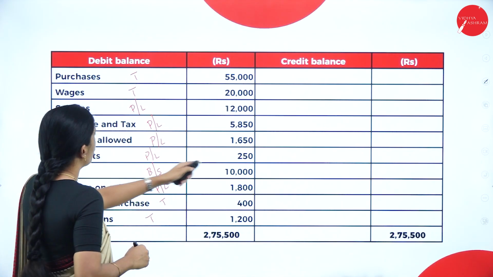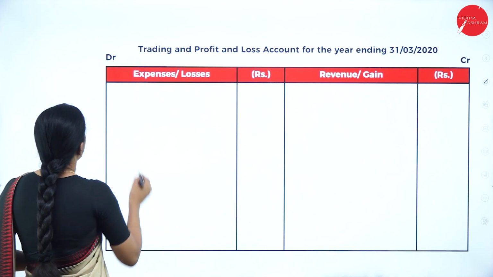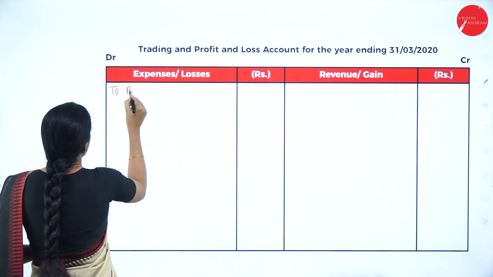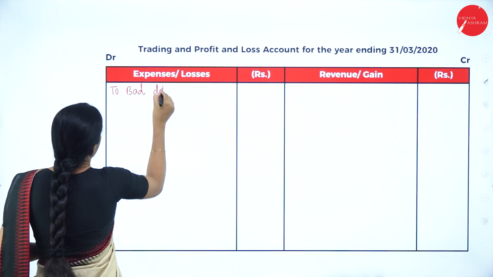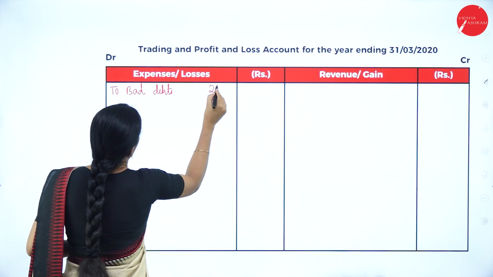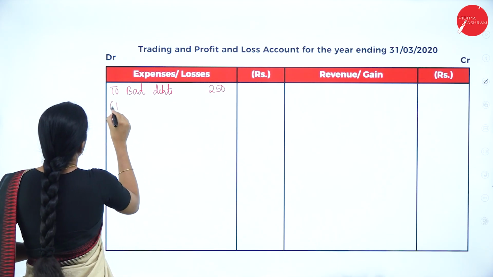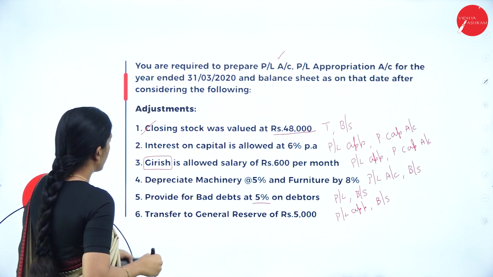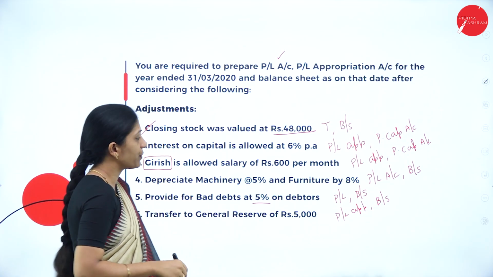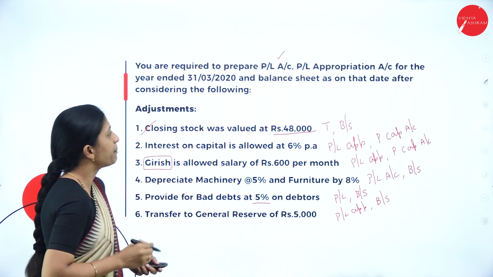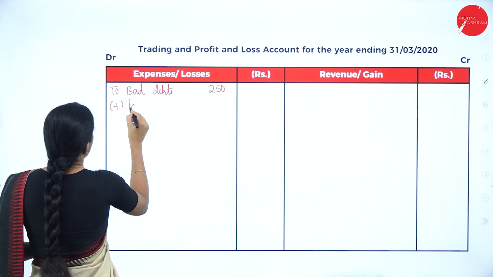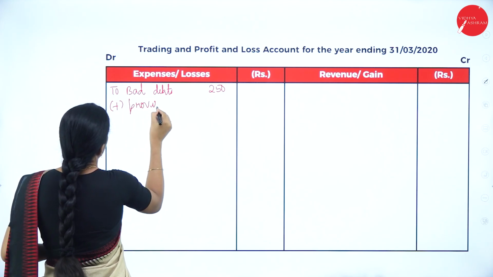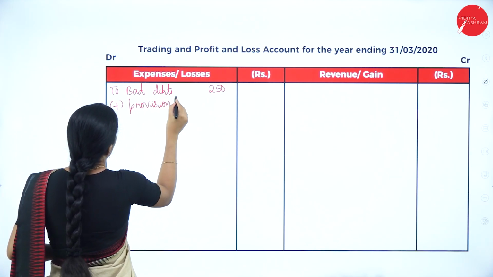So how do you record? To bad debts 250 in the inner column, and they have told us we have to maintain provision for bad debts, that is 5% on debtors. Add provision. So how much is the value of debtors?